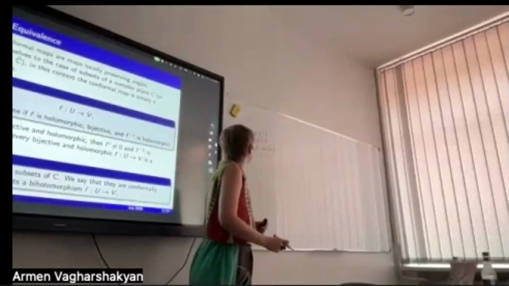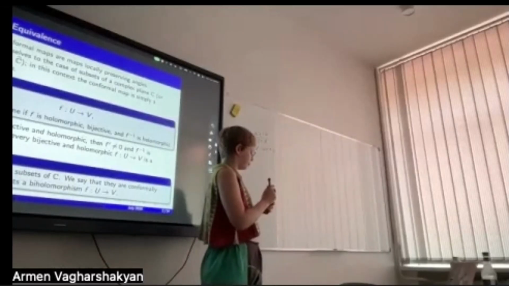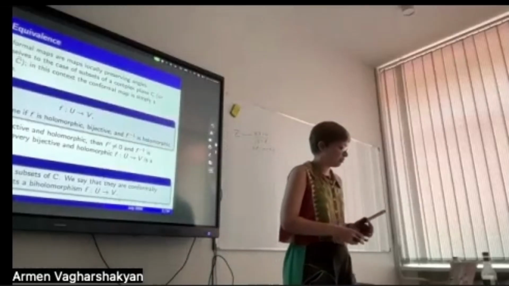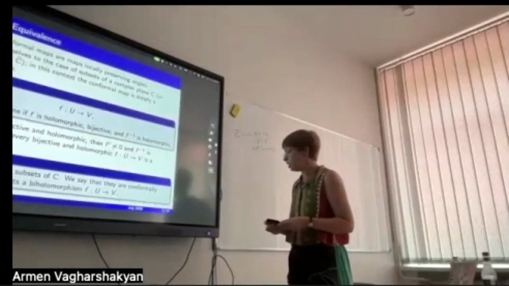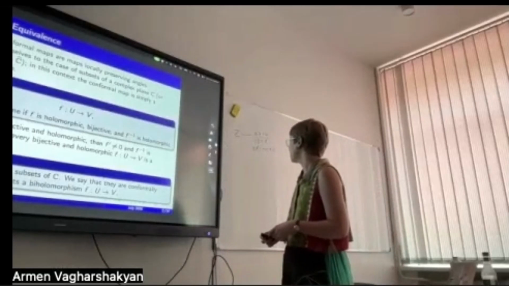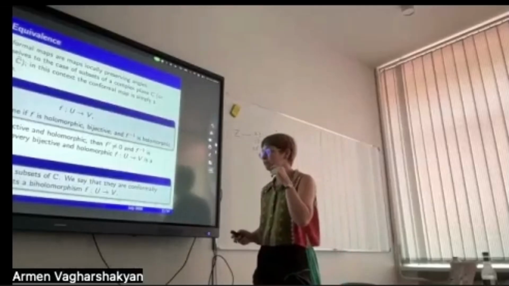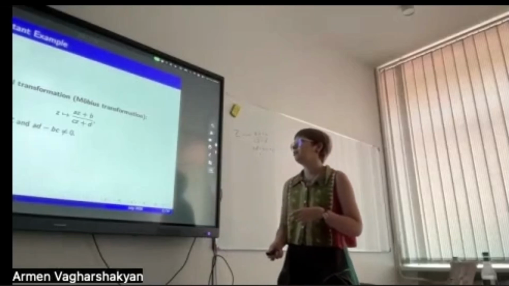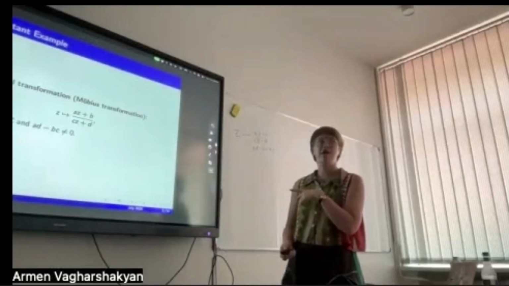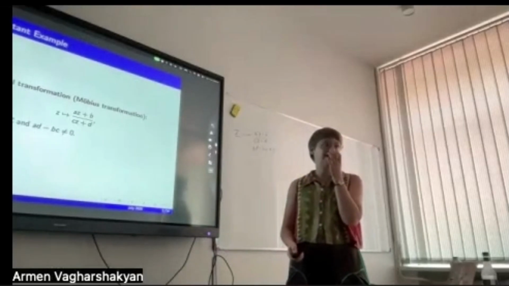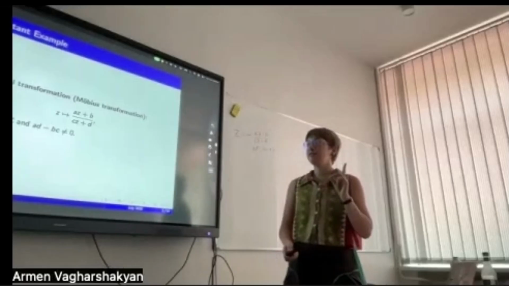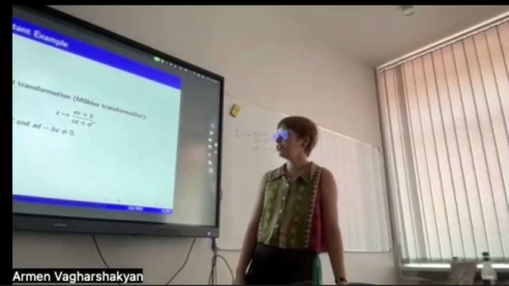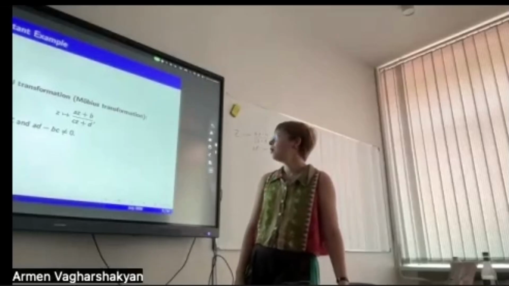If you want, you can see this transformation as an action of a linear group over the complex plane or sphere, and also you can extend this map to infinity in the case of the Riemann sphere. There is a very particular example which Leo showed us yesterday.